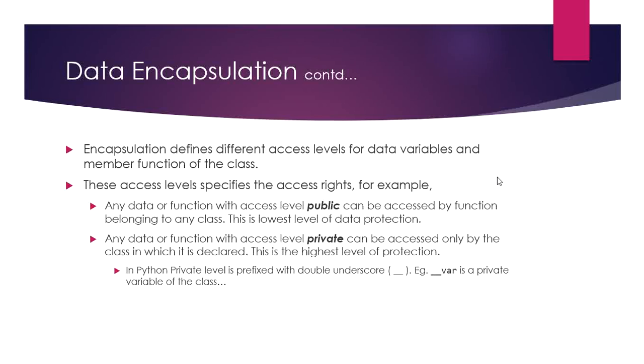So in Python, how do I assign the private level and the public level? The private level is prefixed with a double underscore, as you can see over here. A variable which has a double underscore prefixed to it is called a private variable.